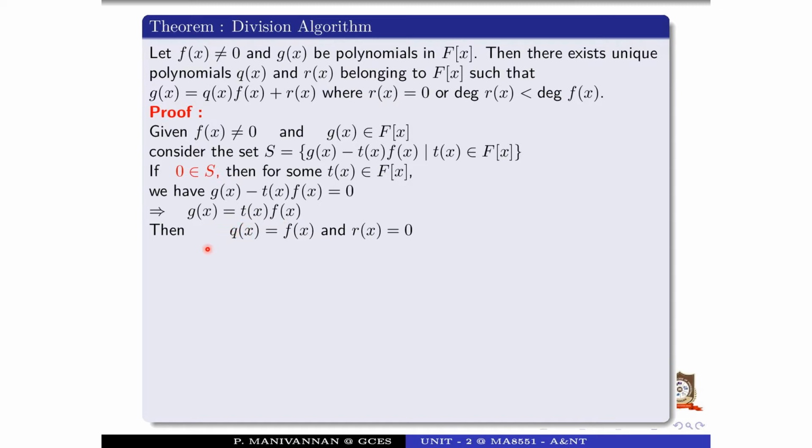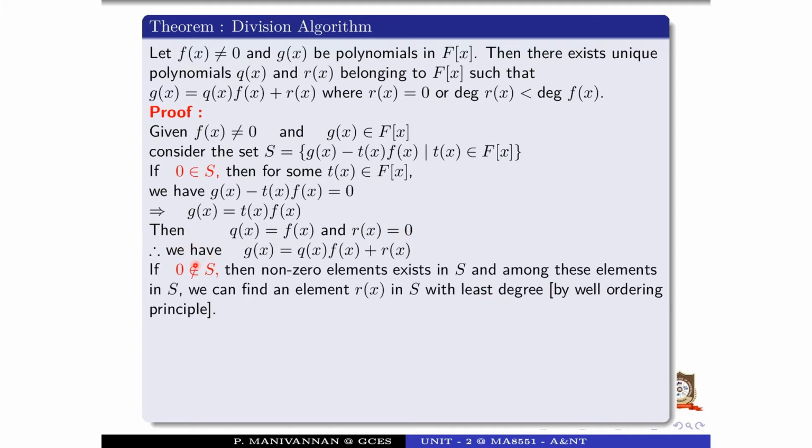Then comparing these two terms, we get q of x equal to t of x and r of x equal to 0. Therefore, we have g of x equal to q of x into f of x plus r of x.